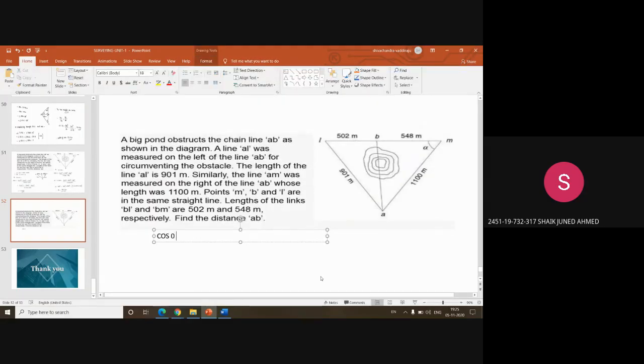If we calculate that, cos alpha is equal to 1100 multiplied by 1100 plus 1050 multiplied by 1050 minus 901 square, by 2 times 1100 multiplied by 1050, right? Yes, sir. What is the value?